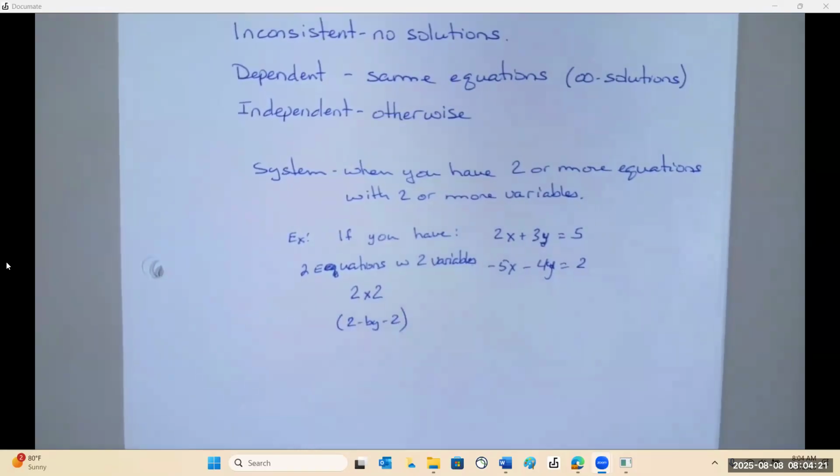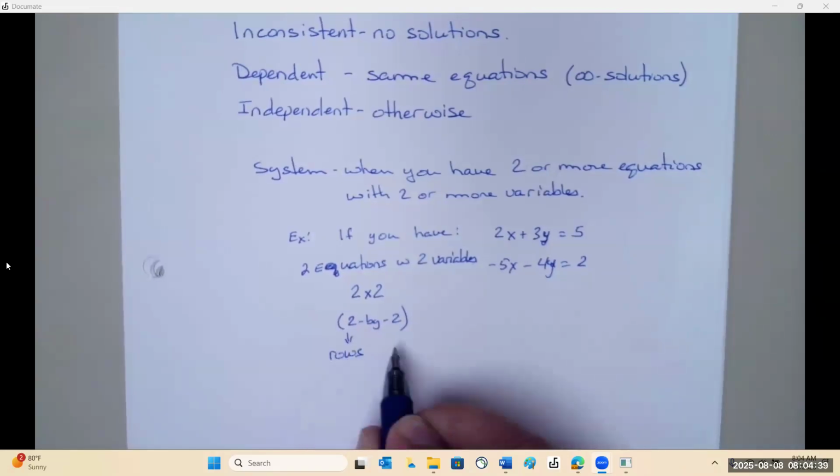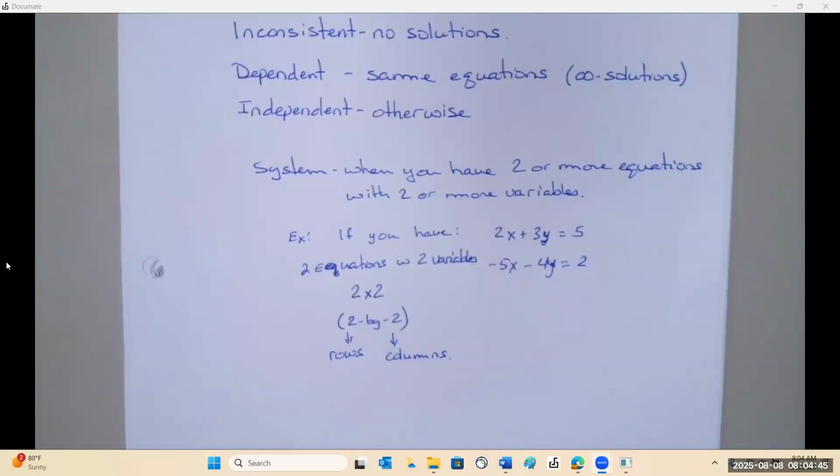It's a two by two equation. And when we talk about the last part, matrices, this means we have two rows and two columns. So that's what we're going to look at this morning.